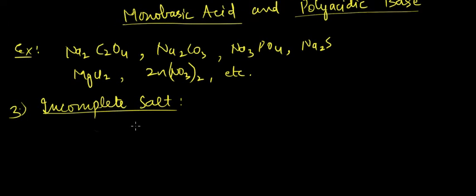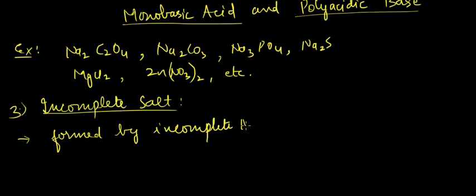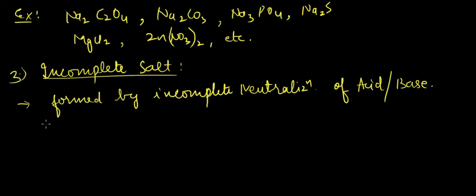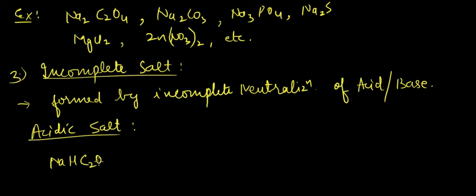So this is formed by incomplete neutralization of acid and base. Okay, so we have acidic salts, which are NaHC2O4, NaHS, NaHCO3.